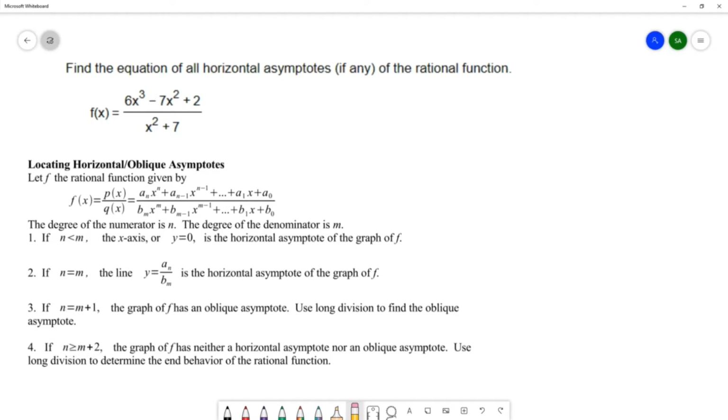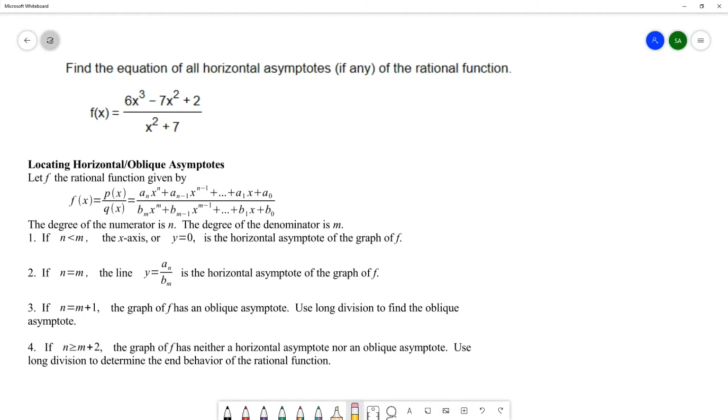So what we need to do is figure out which situation we're in with the degree of our numerator and denominator. And then there are instructions here on how to find the horizontal and oblique asymptotes based on that comparison of the degree of the numerator and the degree of the denominator.